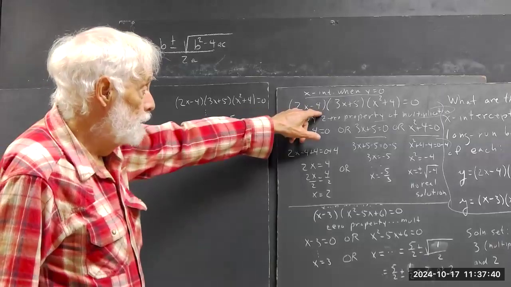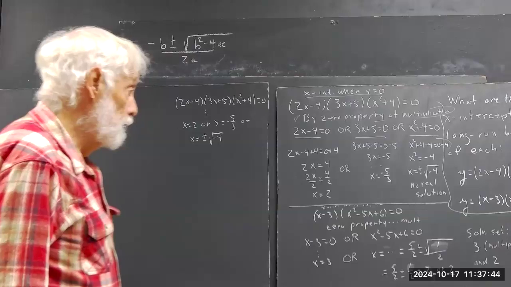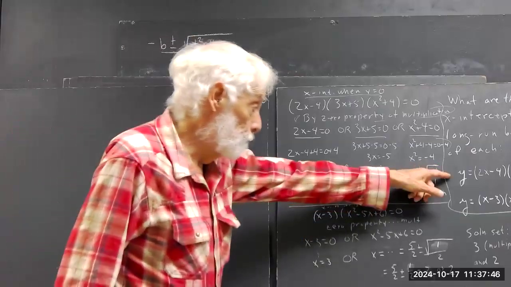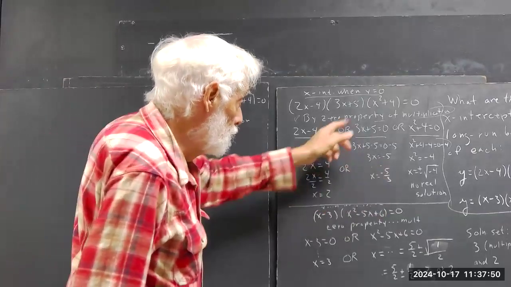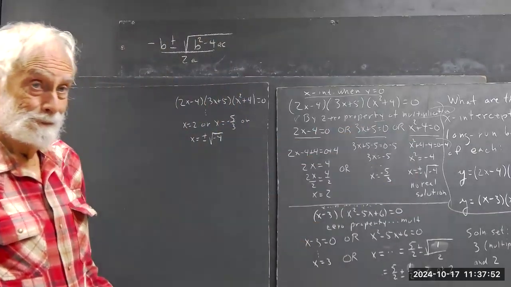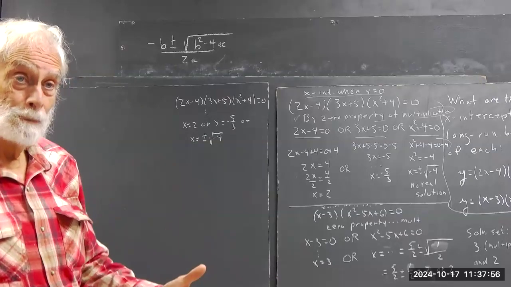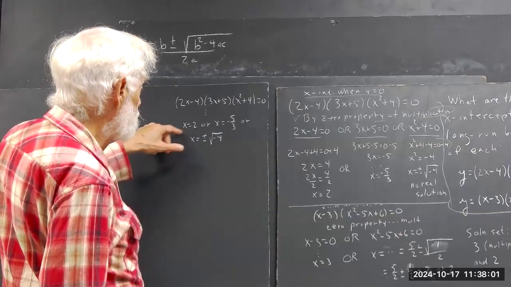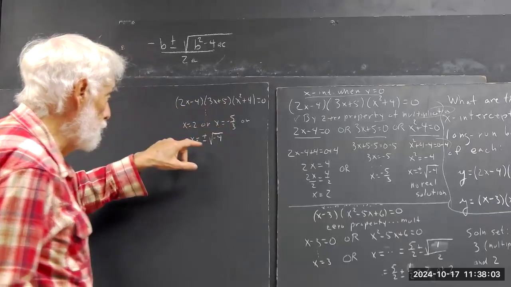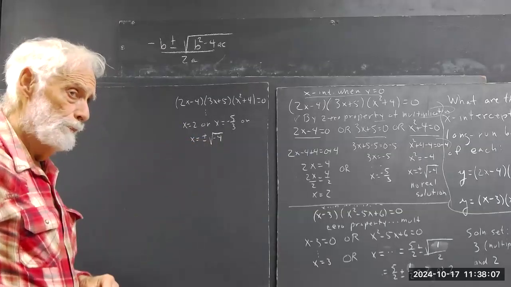Okay, coming back to this polynomial, the first one here. Our zeros that we got by solving the equations, writing out all the details of the logic and everything, so we remember it, are x equals 2, x equals -5/3, and x equals plus or minus the square root of -4.